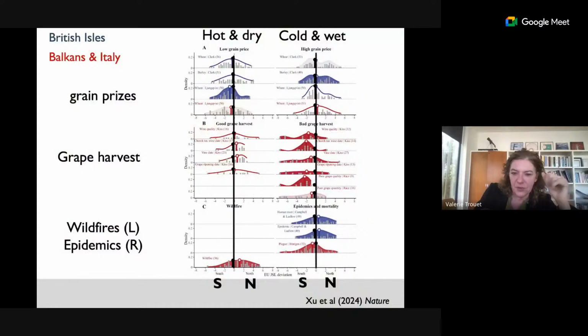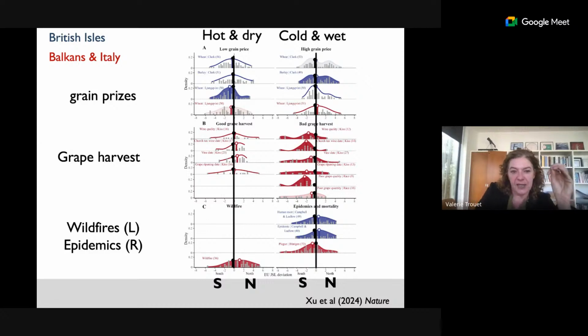And this graph might be a bit confusing, but I'll try and keep it simple. Blue colors is what's going on in the British Isles. Red colors is what's happening in the Balkans and in Italy. On the left of the vertical black line are jet stream positions that are further south than normal. On the right are jet stream positions that are further north than normal.